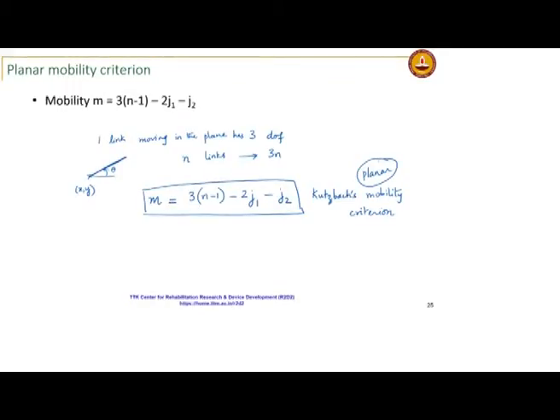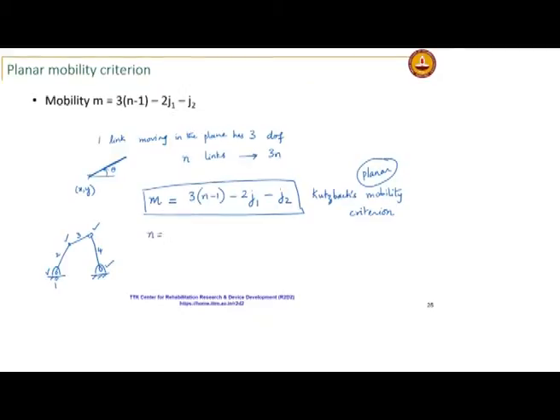Now let us look at some common examples, first the 4 bar. I have the fixed link as 1, and in the kinematic diagram there are 4 links: 1, 2, 3 and 4. Each 1 degree of freedom joint I designate with a tick mark. There is one between 1 and 2, 2 and 3, 3 and 4, and 4 and 1.